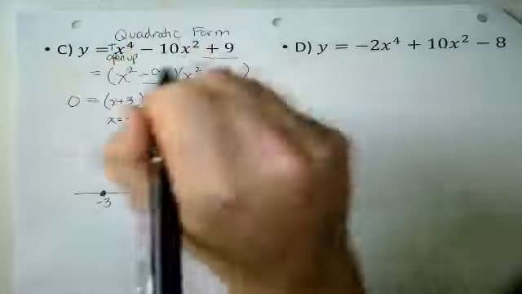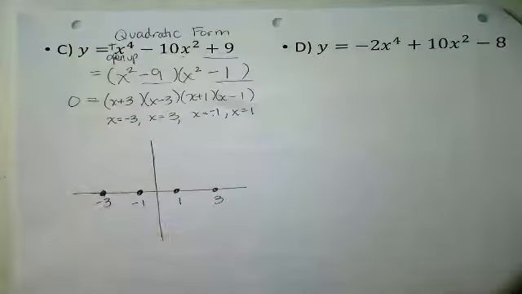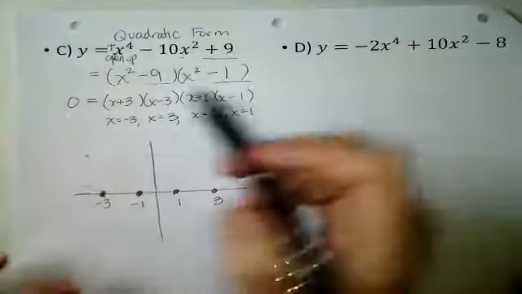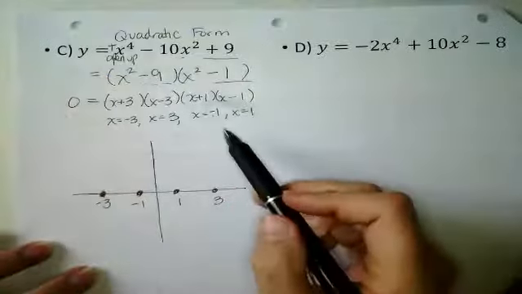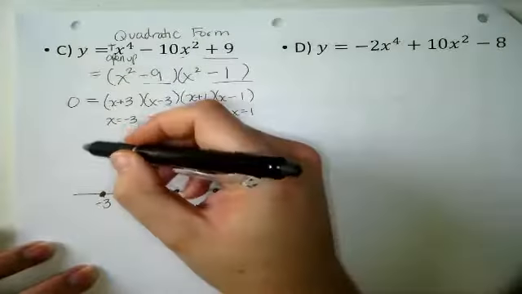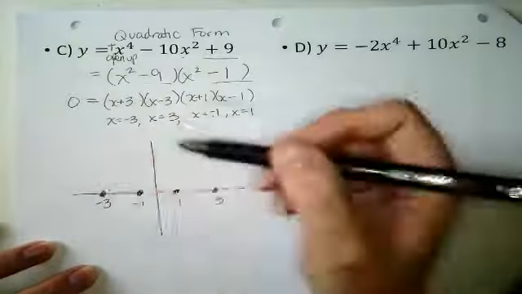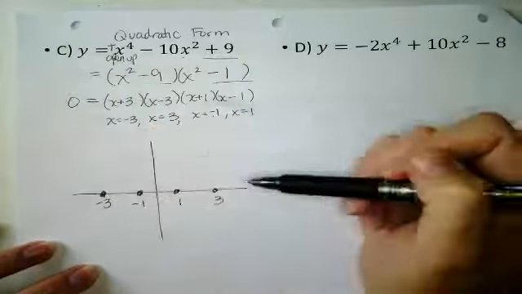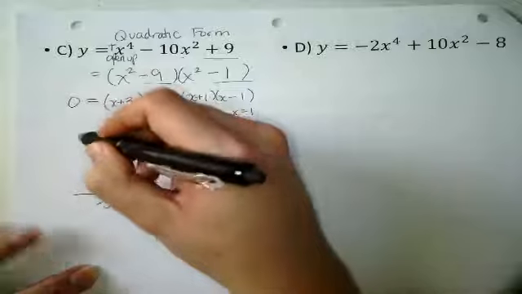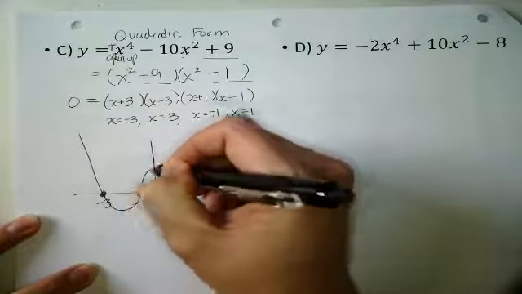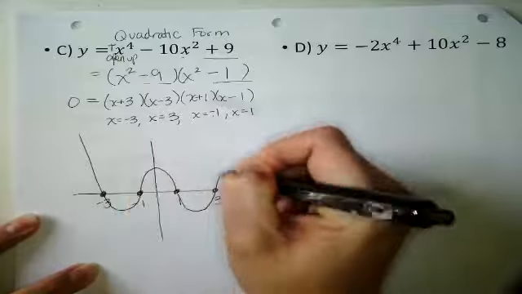Just like a quadratic function, if the a was greater than 0, it was an up parabola. This one is also going to open upward. And so it's starting up high and it's going to end up high. Kind of interesting, but it has to pass through each 0. So it's going to start high on the left and it's going to pass through -3 and through -1 and through +1 and through 3.